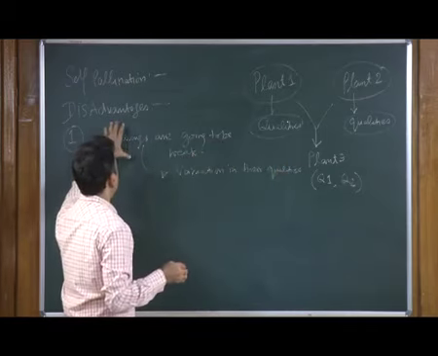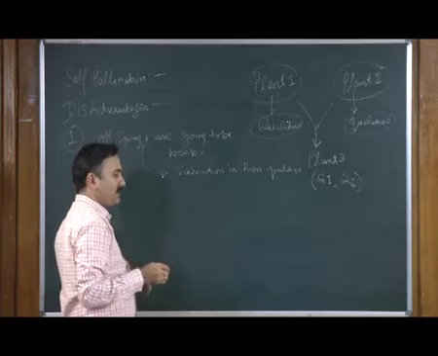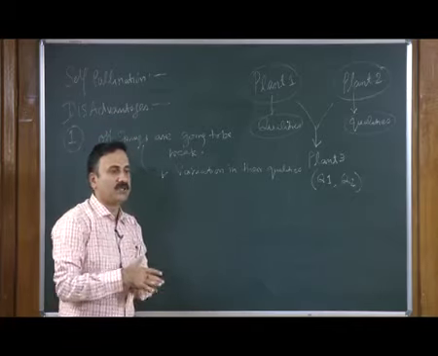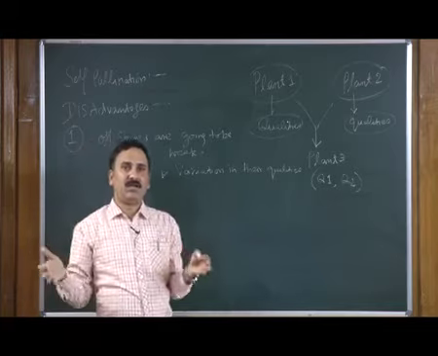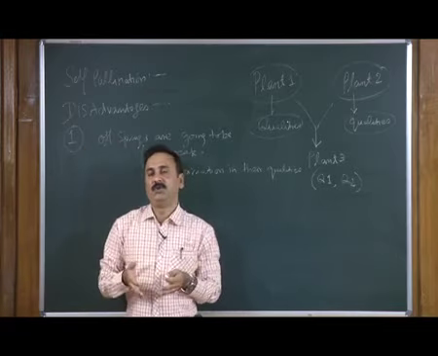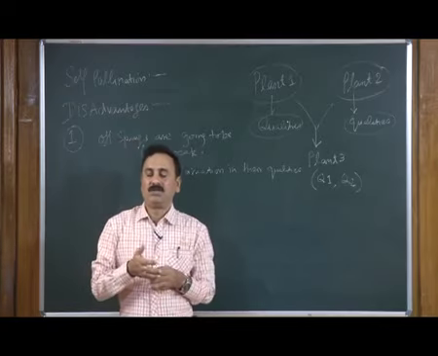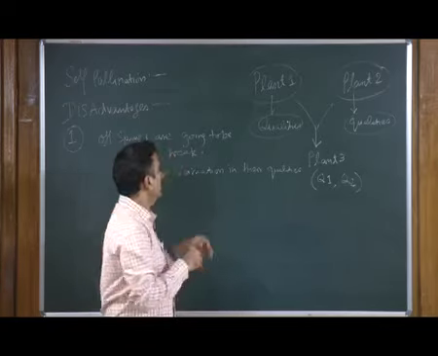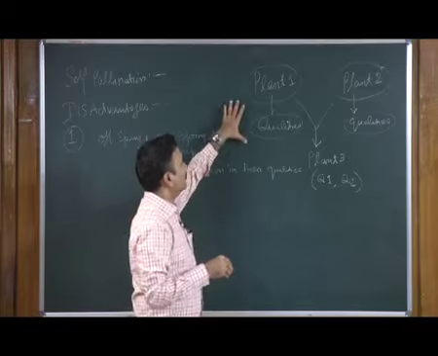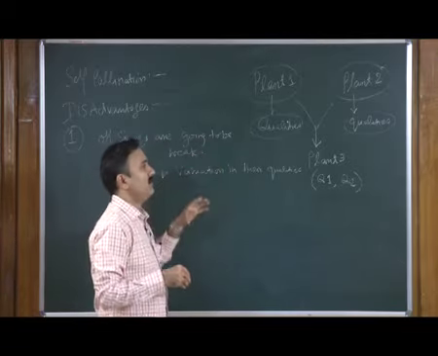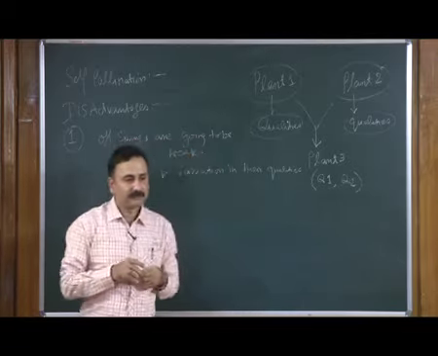If you remember, when we discussed sexual reproduction, we said that sexual reproduction evolved in angiosperms mainly because it brings a lot of changes in a particular species, and those changes may be good or may be bad.